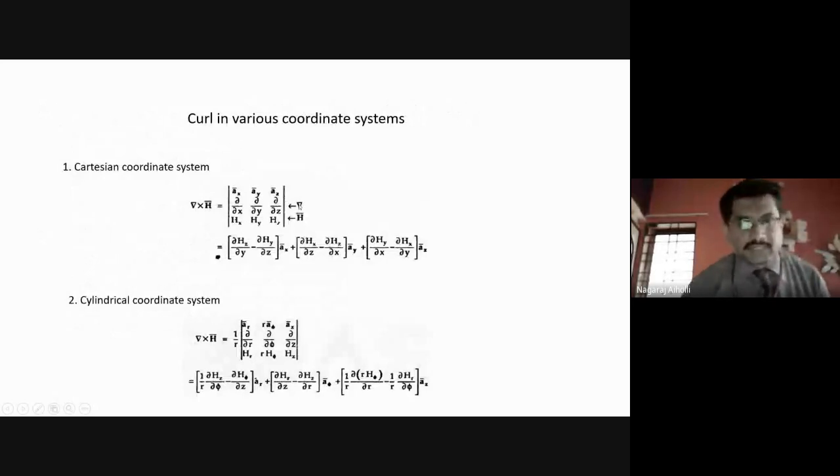Solve this determinant so that you will get the expanded form of the equation. Make it a little bit fast.